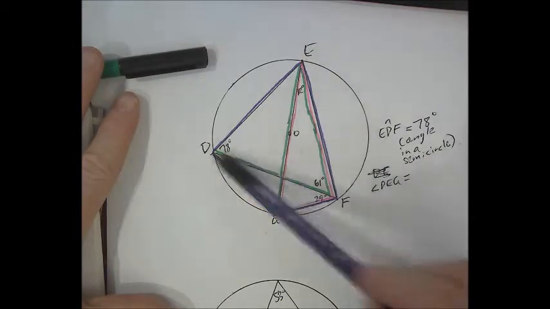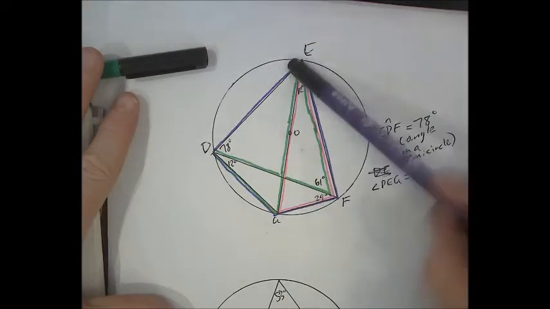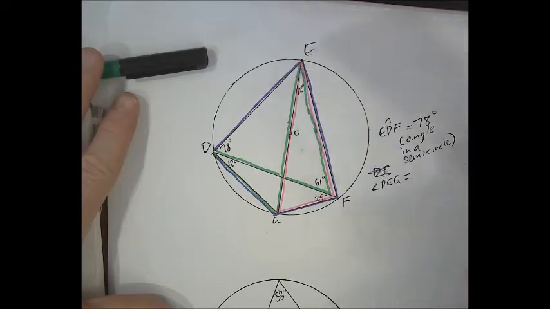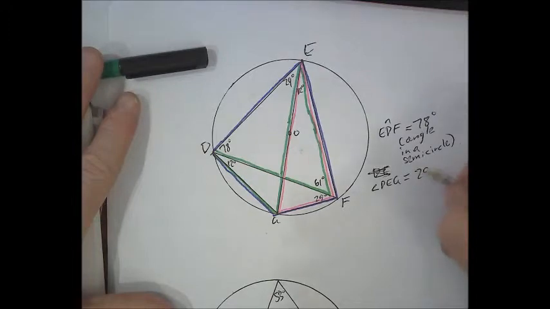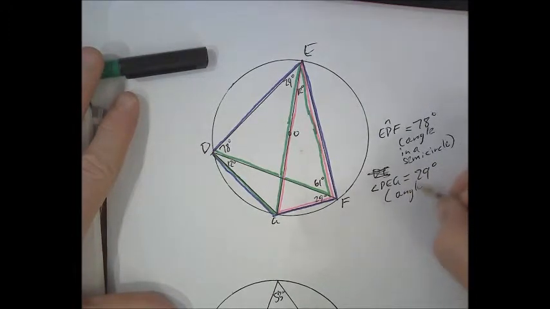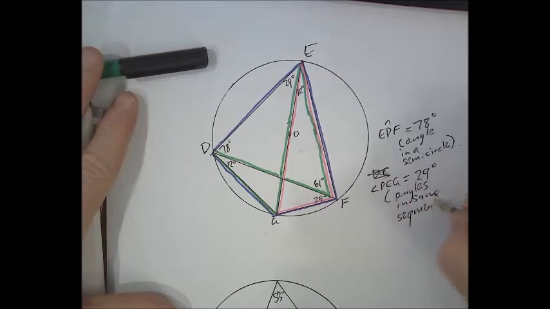I could have also done this butterfly. With that butterfly, that 29 also has to be that 29. So DEG equals 29. The official name for that is angles in same segment. Don't ever write butterfly, write the official name.